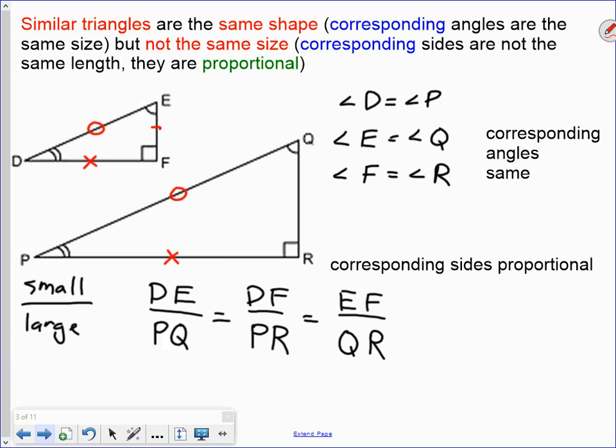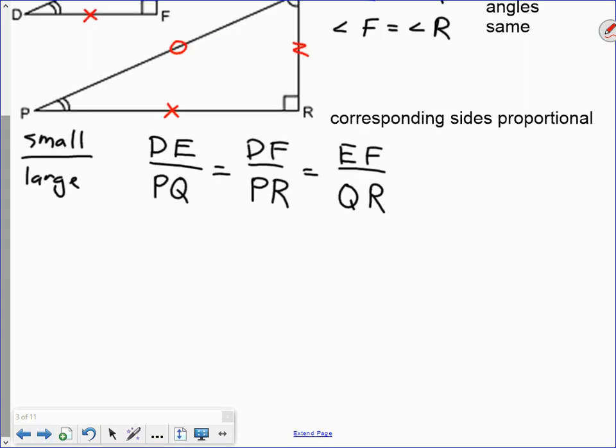And if we've matched up two of them, we know that the third one has to be corresponding as well. So if we know that the sides are proportional to each other, we can say that the triangles are similar. So we can say that triangle DEF is similar to triangle PQR. And that little squiggle in the middle just means similar.